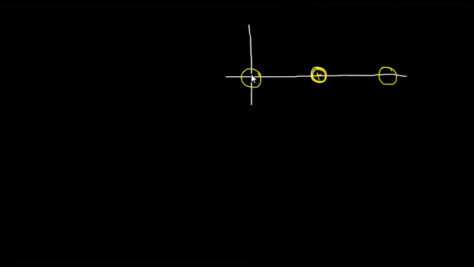So this is also positive. So this is origin O, this is q3, this is q1, and this is q2. This is negative charge.